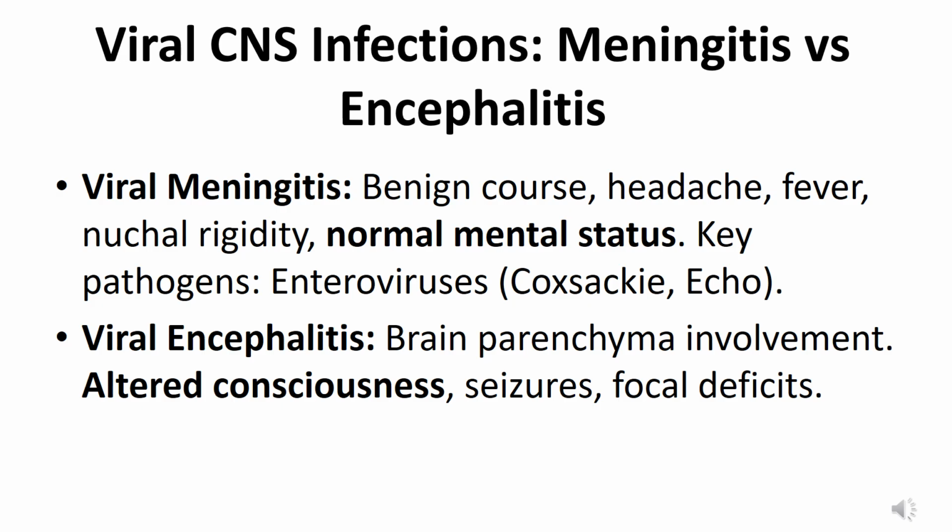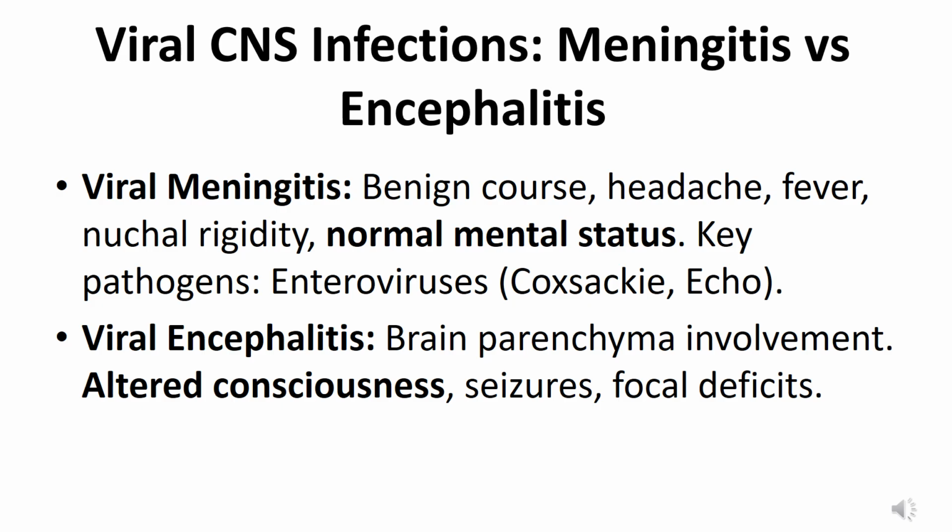One of the hallmark features of encephalitis is altered consciousness. Patients may become confused, unusually drowsy, disoriented, or agitated. Family members are often the first to notice that the person is not acting like themselves. Seizures may also occur as irritated brain tissue becomes electrically unstable.